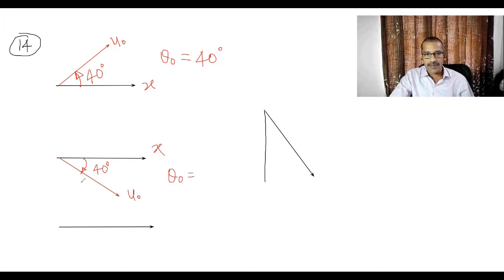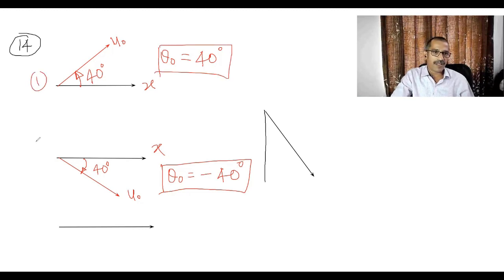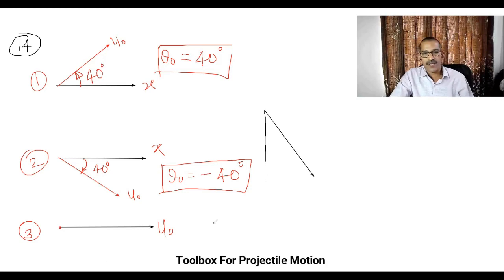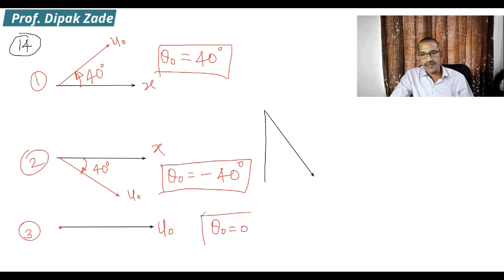That means it is negative, because positive angles are always measured with the positive x-axis in the anti-clockwise direction. Therefore here it is minus 40 degrees. Now in some case the particle is thrown in the horizontal direction. A boy throws a stone in the horizontal direction. What is theta 0? Theta 0 is 0 because the velocity is not inclined.